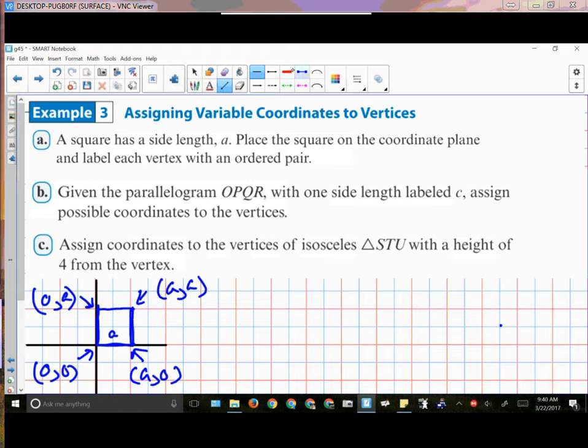So let's try another one. Parallelogram. Well, if I'm going to do a parallelogram, I want to draw something that is going to be a parallelogram. Now, I realize a square is a parallelogram, a rectangle is a parallelogram, but if we are going to draw a parallelogram, draw a parallelogram. So, here's my parallelogram.